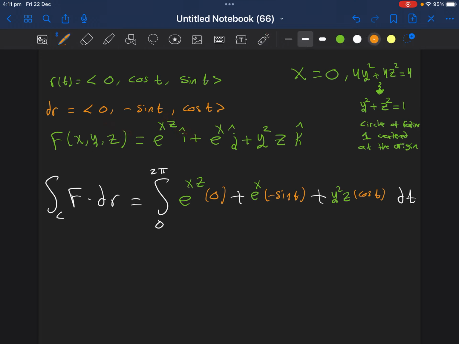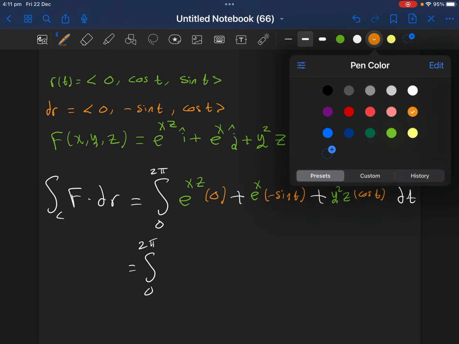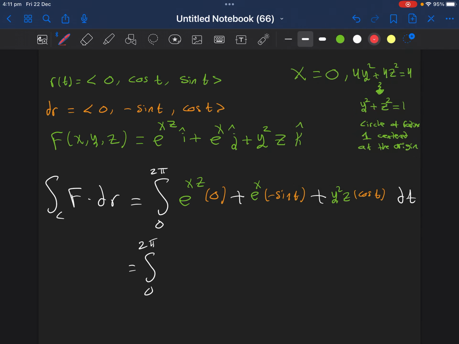Of course, we have to change everything back in terms of t. First thing we notice is that the first term equals 0.